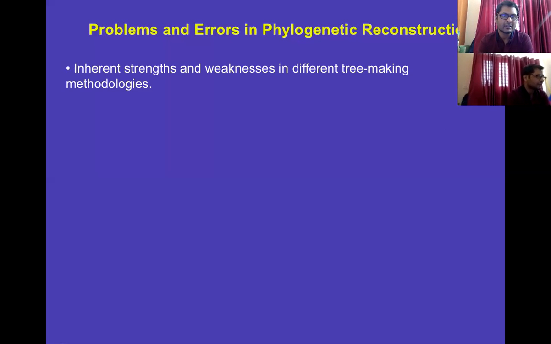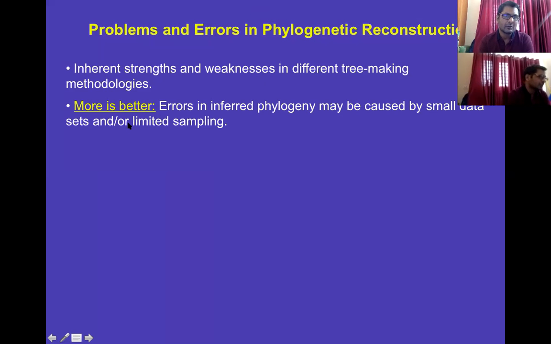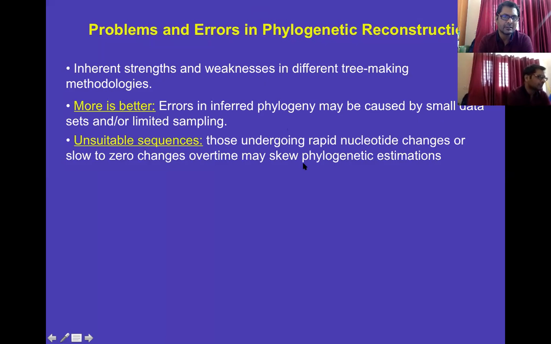All right, so there are some problems and errors in phylogenetic tree construction, inherent interest and weakness in different tree making methodology. More is better. Error in inferred phylogeny may be caused by a small set of data or limited sampling.